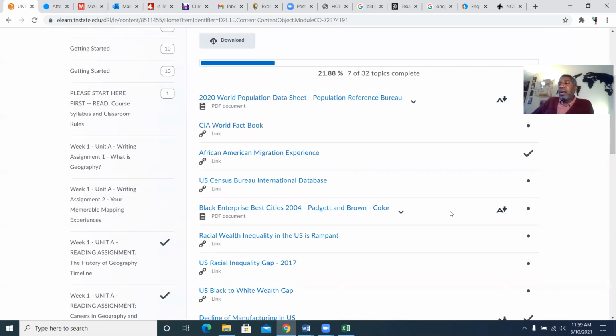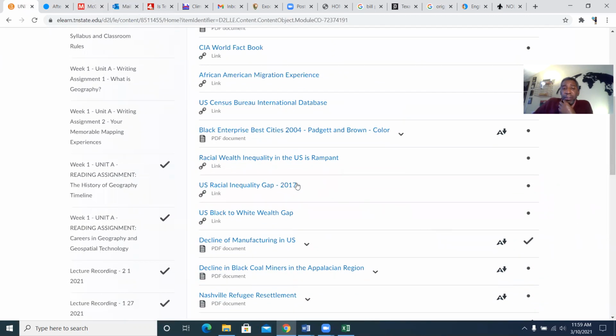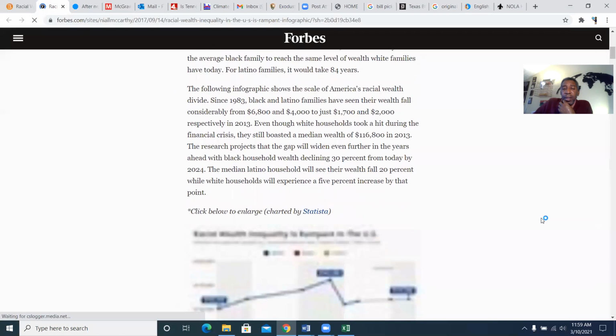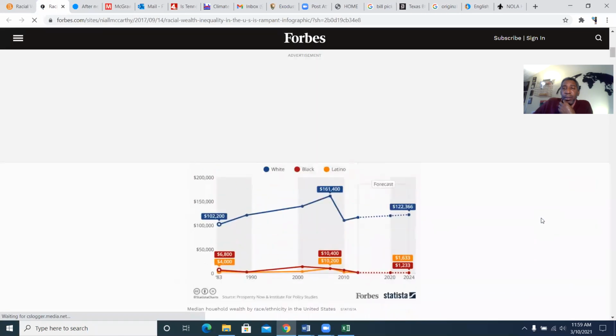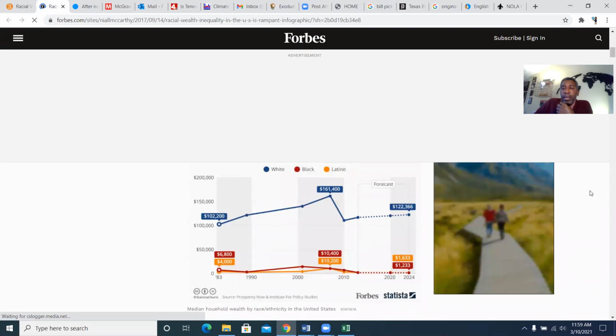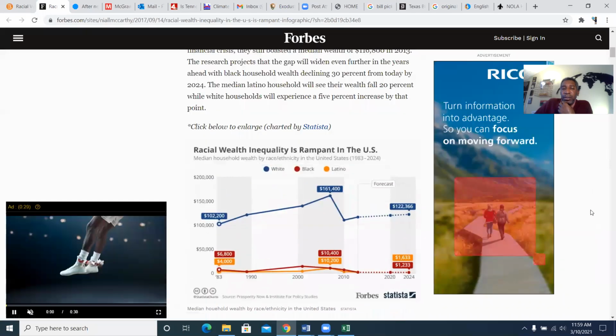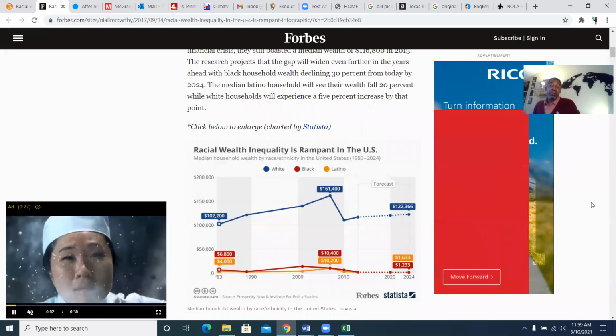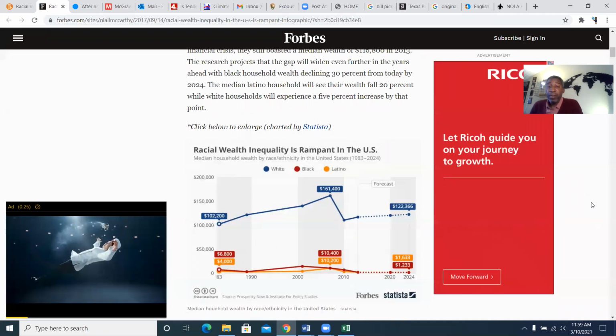Well, I spoke in terms of some of the inequities that were present in the South and the North in this country, but one of the main issues that we look at in terms of demographics is the relationship between demographics and wealth.